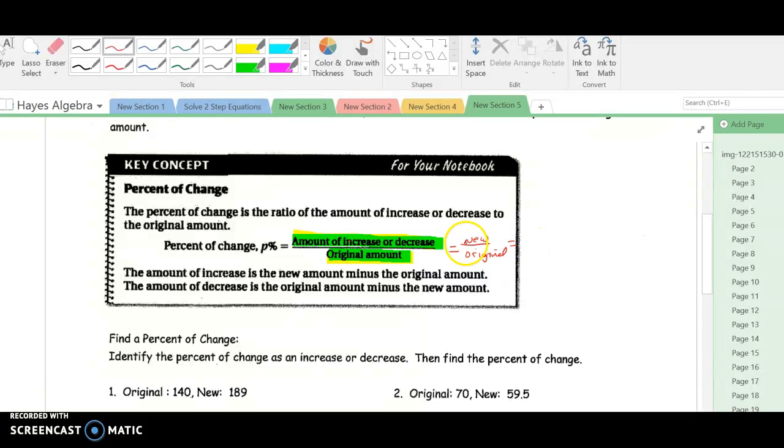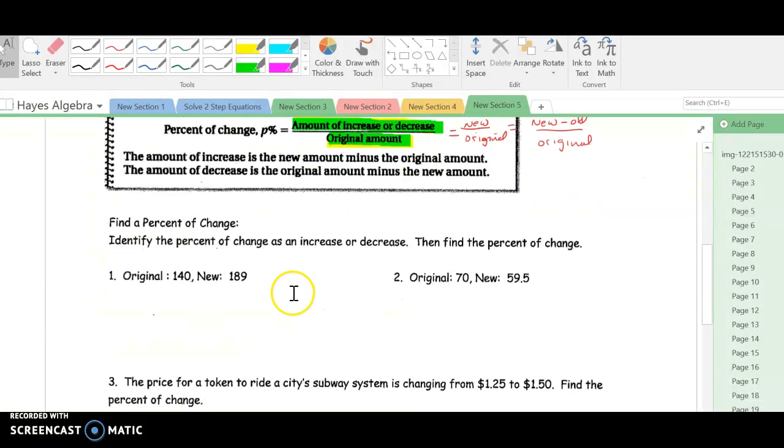Or we find the amount of increase or decrease by doing the new minus the old, and then we divide that by the original. Okay? So right here, percent of change. Identify the percent of change as an increase or a decrease. Then find the percent of increase or percent of change.